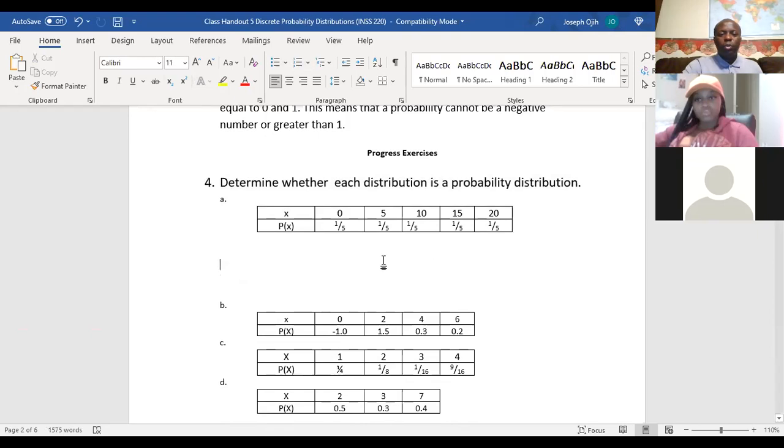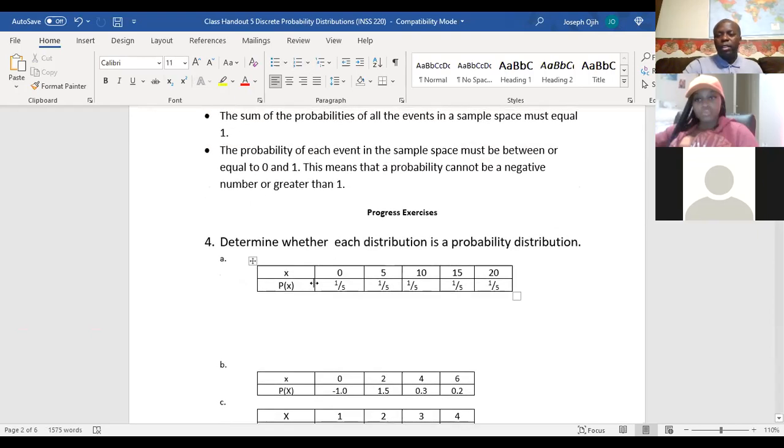How do we know? We add their probabilities to see if that equals 1. So that means we have the sum of these probabilities, the sum of P(x), which you can write as ΣP(x). Each of these probabilities is 1 over 5.